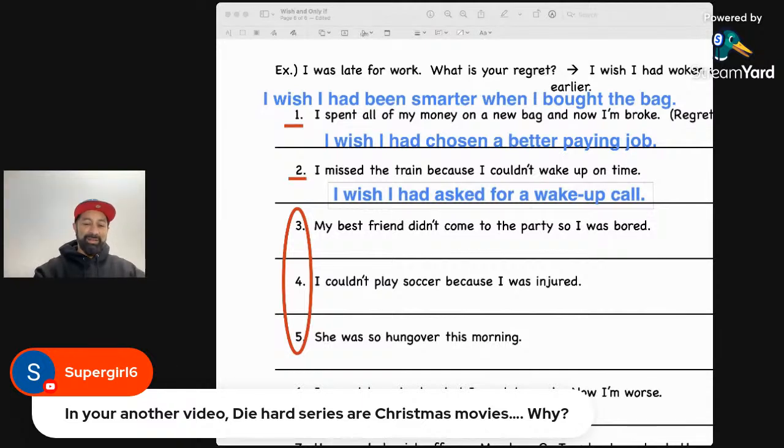Because in the first Die Hard, not the second or third, the movie is happening during Christmas. So when Bruce Willis is trying to save all the people from the bad guys, it is Christmas time in that movie. I believe it was released near Christmas, maybe, but for us, it's just become a Christmas movie. It's something you always watch.